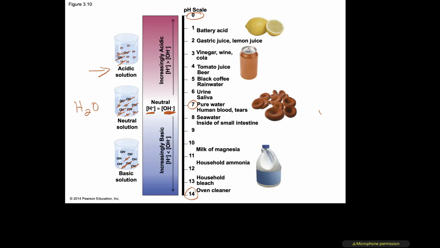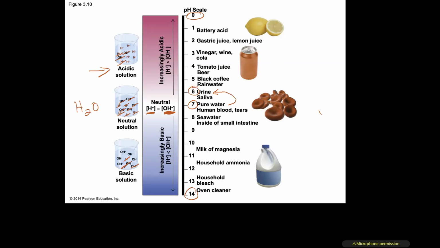So as you look at this pH scale, it looks like 14 points, but it's not. It actually goes in increments of 10, a logarithmic scale of 10. What that means is, as you go from 7 to 6, from pure water to urine, you are becoming 10 times more acidic.